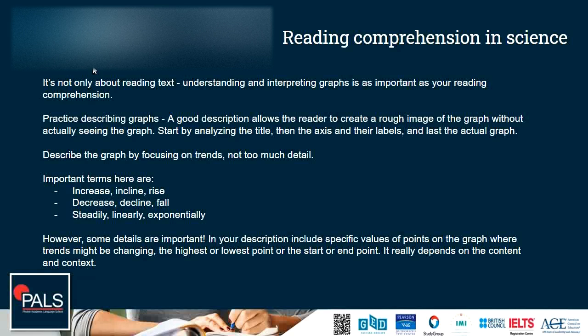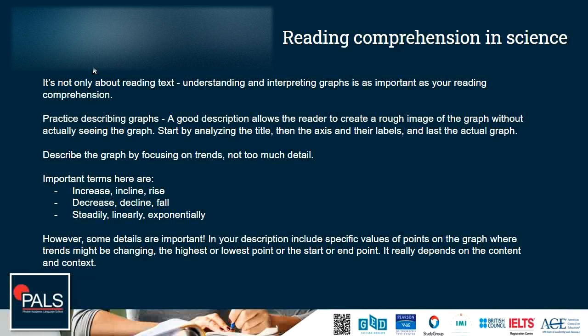When a line is flat, it doesn't change. You have something happening steadily, stationary, linearly. A linear increase is going straight up or straight down, a linear decrease. Exponentially, increase or decrease, means having a curved line that starts slowly and then goes up really fast.